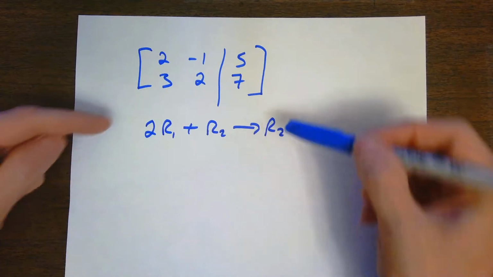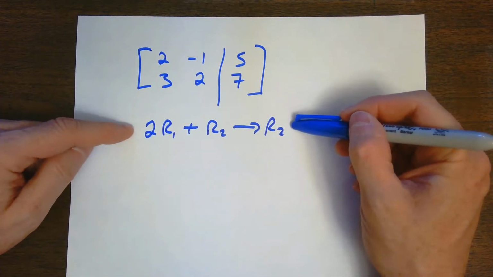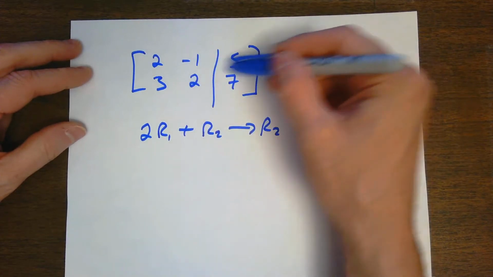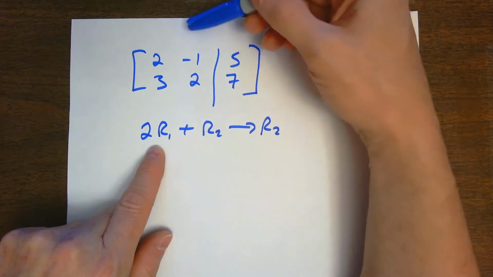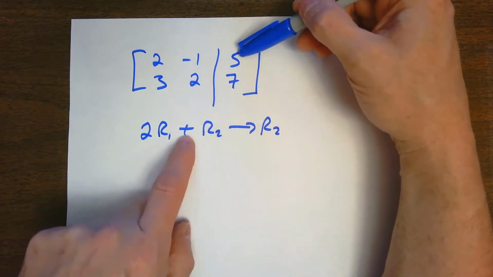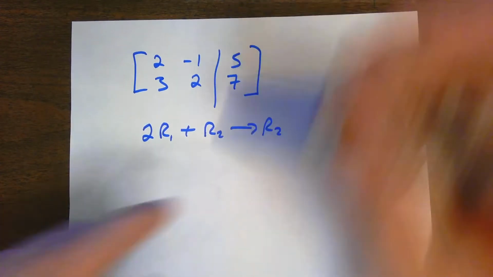Now, this line of code here is the row operations code. Row 1 is like the first equation, row 2 is like the second equation. And what I'm going to do is I'm going to take 2 times everything in row 1, and then I'm going to add it to everything in row 2, and then I'm going to put it in for row 2.